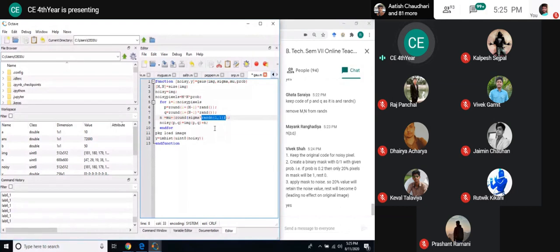Next time when random n is called, what will happen? That one will also follow the random distribution. What I want is that all the noise, all the pixels, the entire noise generated should follow the single Gaussian distribution. Every time, I don't want a value from a different random distribution, right?